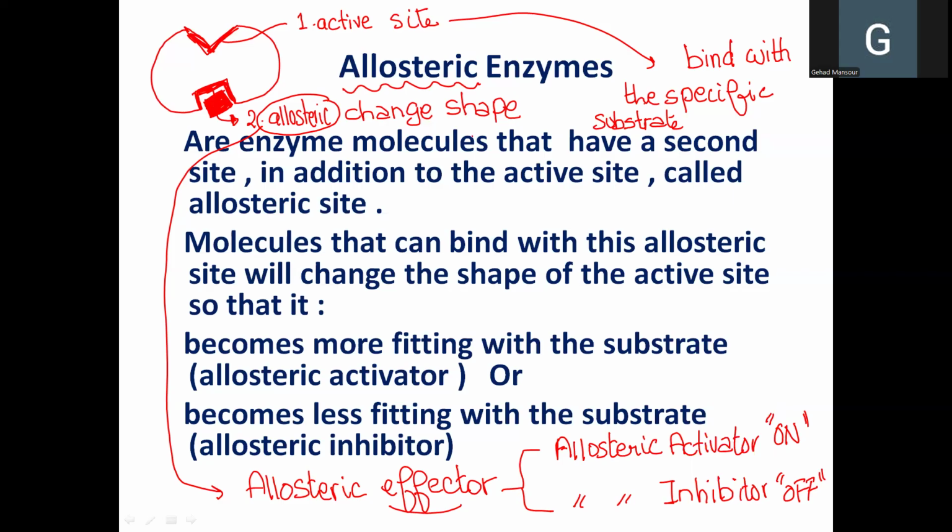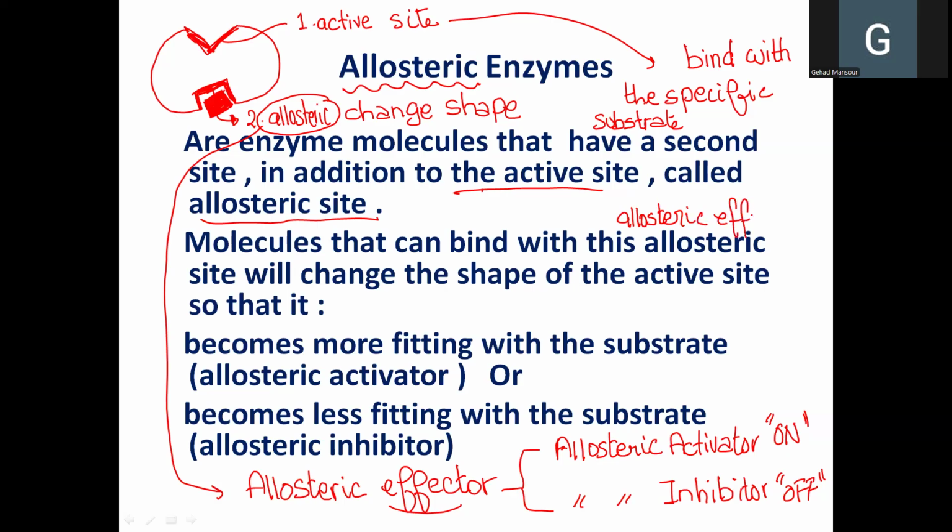So we will read first what's on the slide. An enzyme molecule, an allosteric enzyme, has a second site in addition to the original active site called the allosteric site. And the molecules that can bind with this allosteric site, as we said, are called the allosteric effectors.